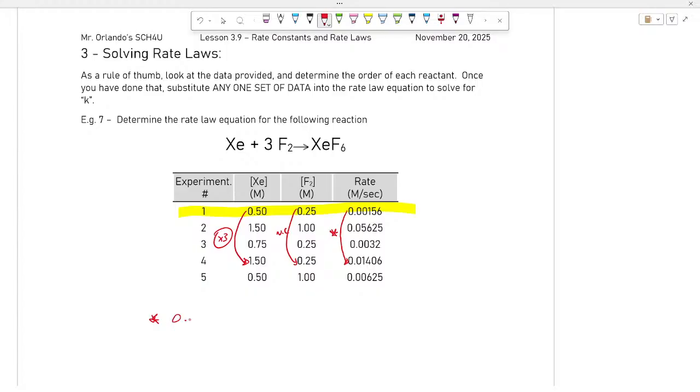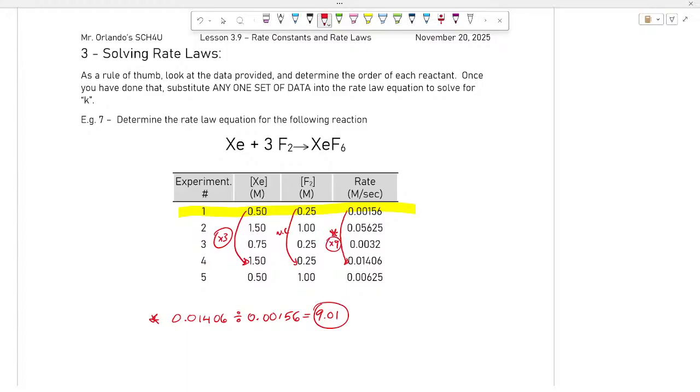So I could do 0.01406 divided by, what's the other one? 0.00156. And what do we get? 9.01. In other words, 9. When we triple the concentration of Xe, the rate gets increased by 9 times.